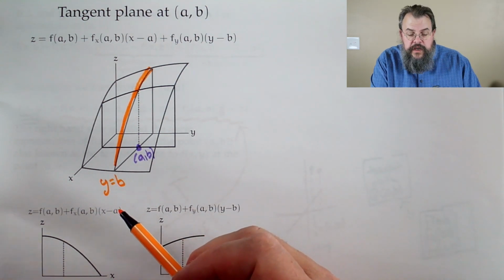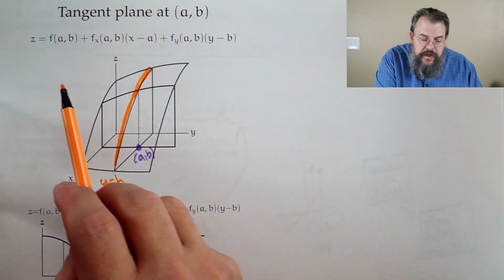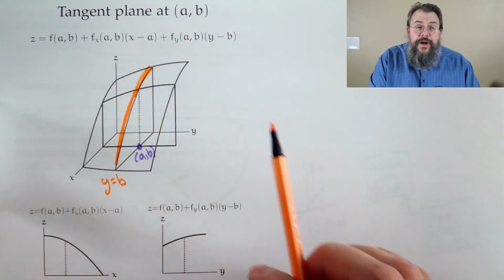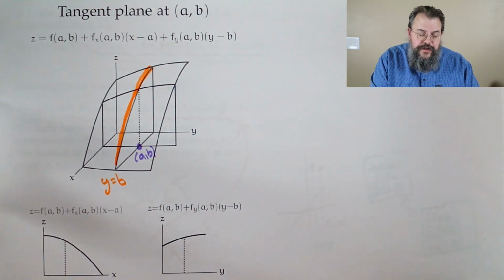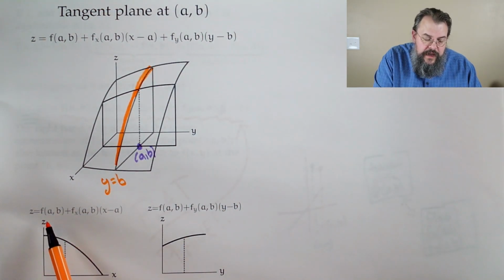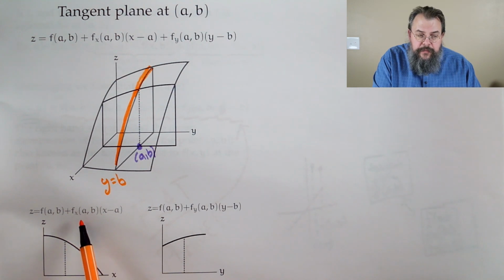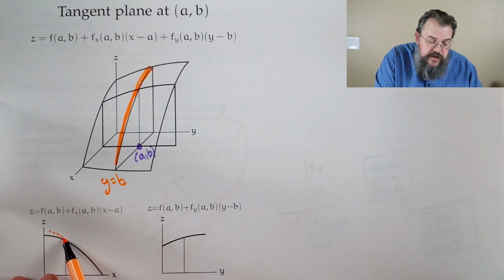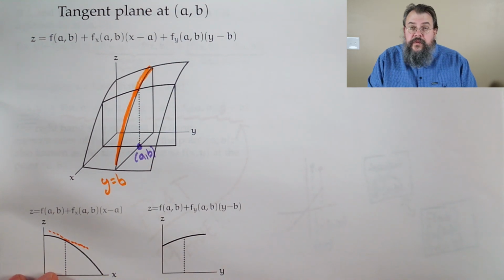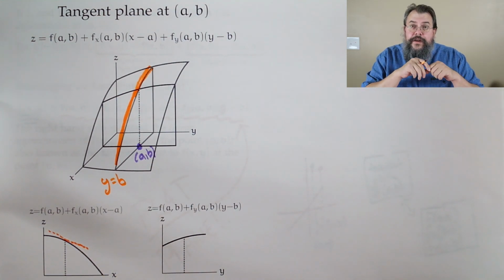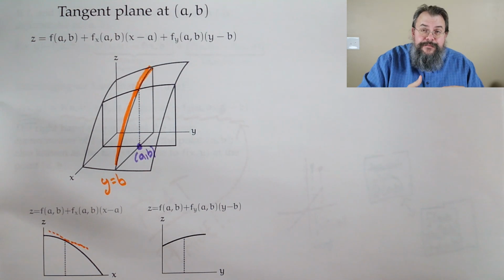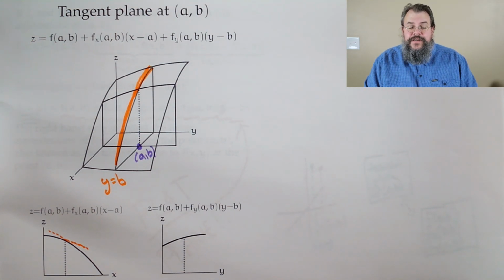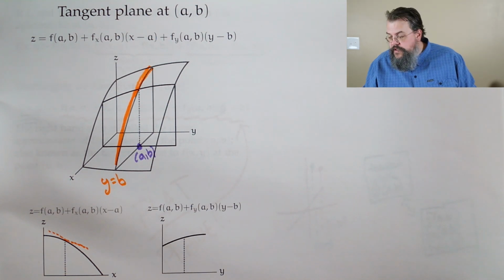And if we plug in y equals b into this equation, notice that that part goes away. And so we get the following: f(a, b) plus f sub x (a, b) times (x minus a). And that is the tangent line. In other words, when we slice our tangent plane, we get our tangent line in the cross section. Of course, not very surprising.